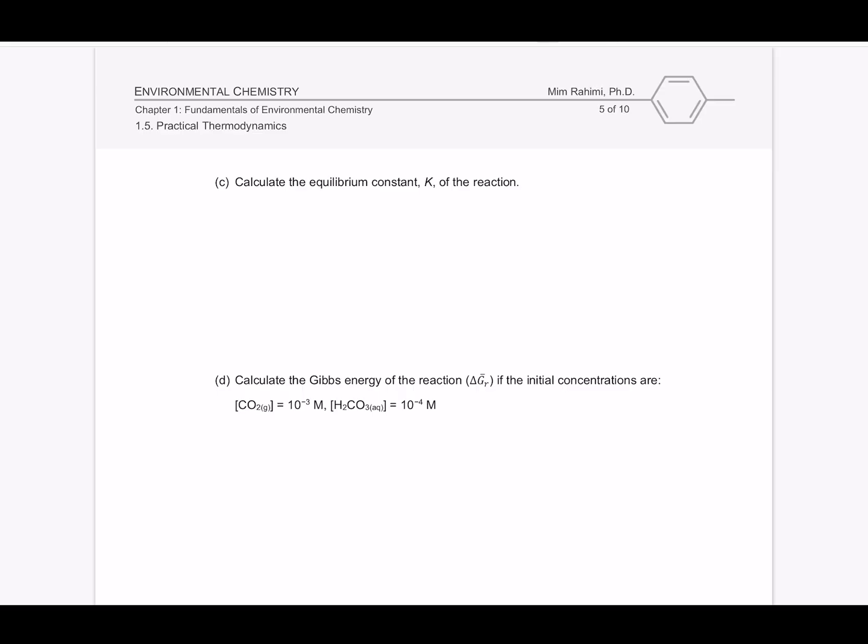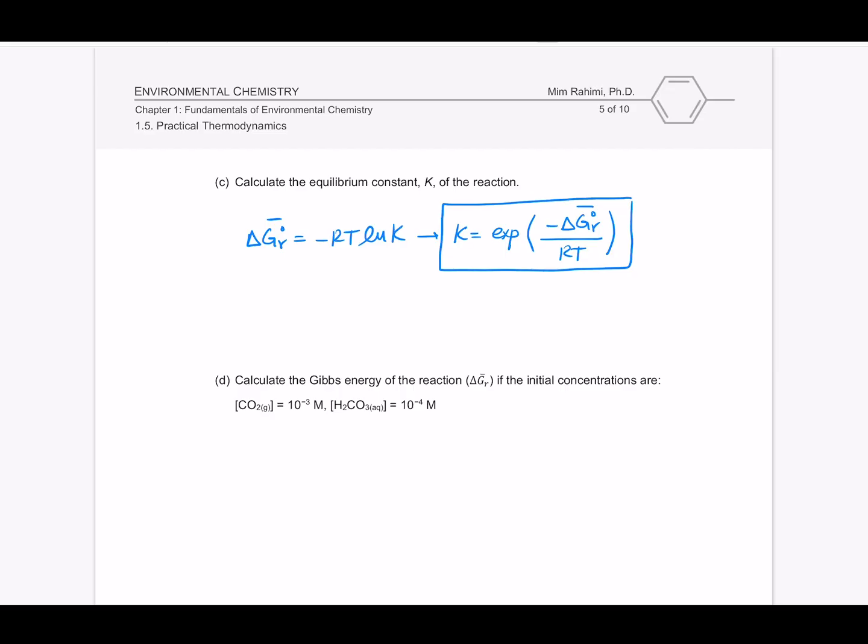And we know how the K value is related to one of the parameters we just calculated. So this would be delta G of reaction at the standard condition equals minus RT ln K. And then with a little bit of rearrangement, K is equal to the exponential of minus delta G of reaction at the standard condition divided by RT. And this is the expression for K, and the rest is just plugging in numbers.